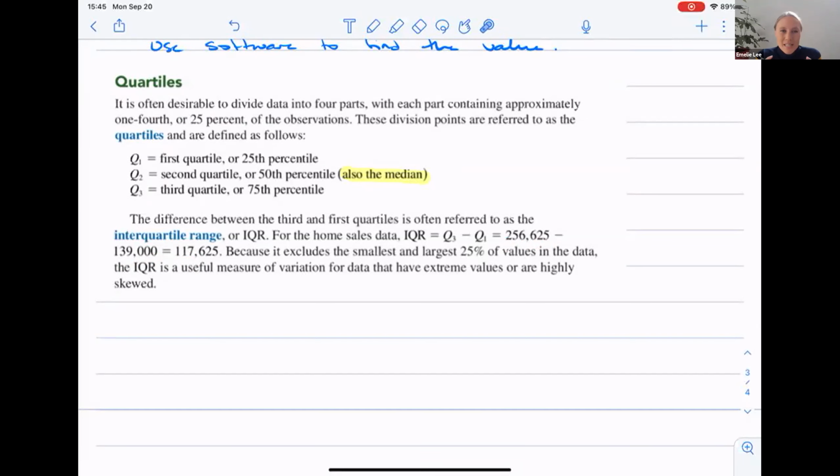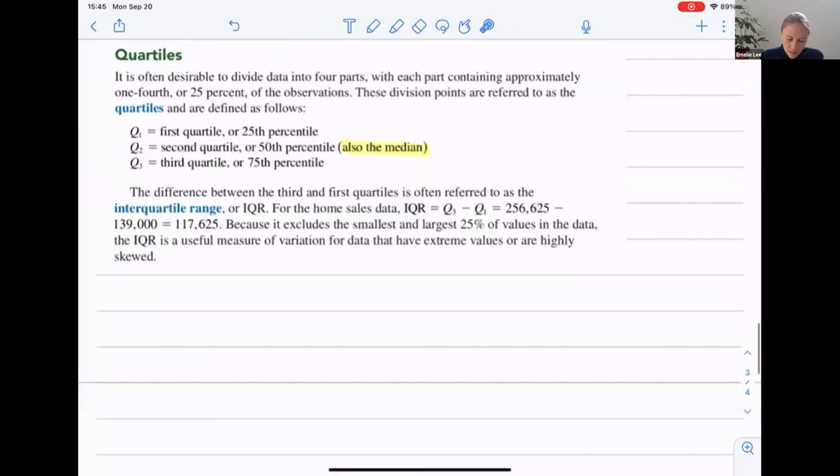What's nice about the interquartile range is that if you have really extreme values in your data, it can still give you a reasonable measure of spread. It just looks at the distance between Q1 and Q3, the middle 50% of your data.